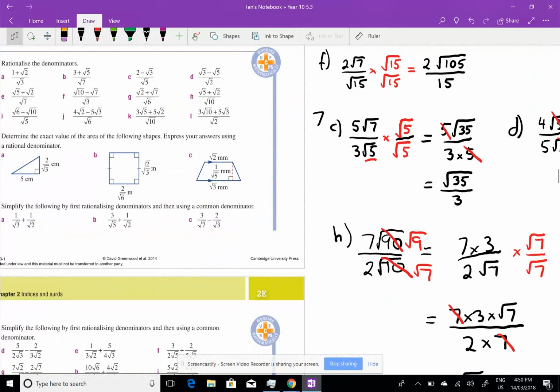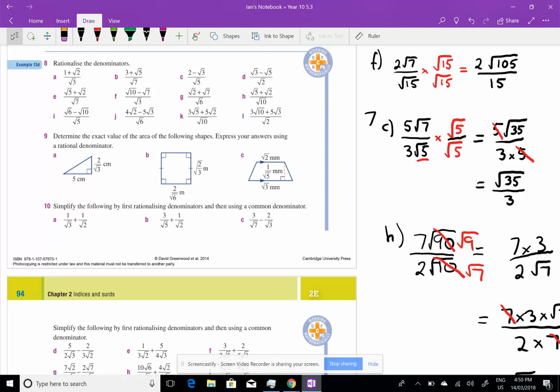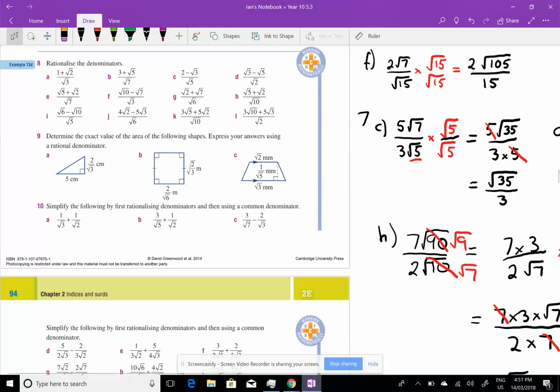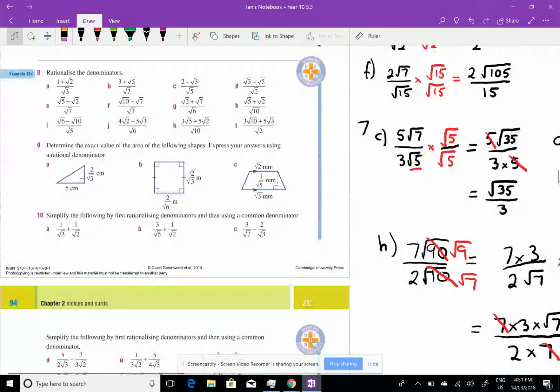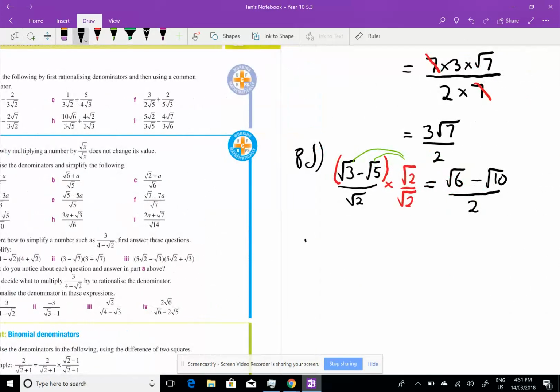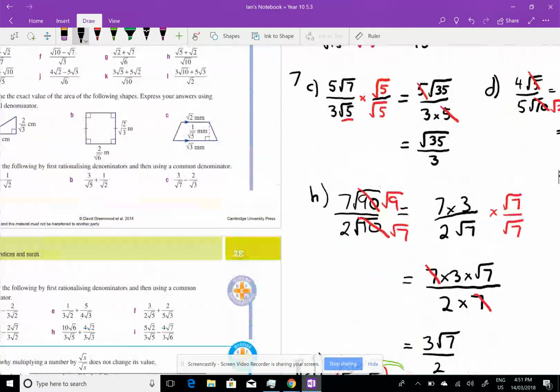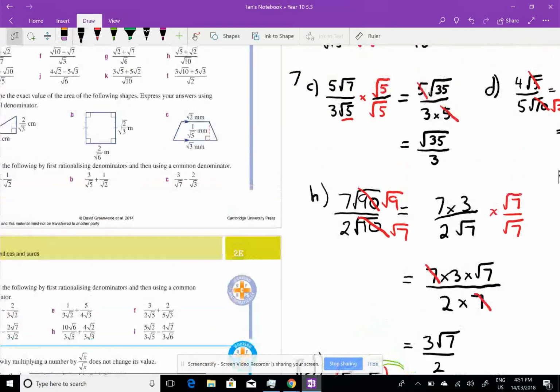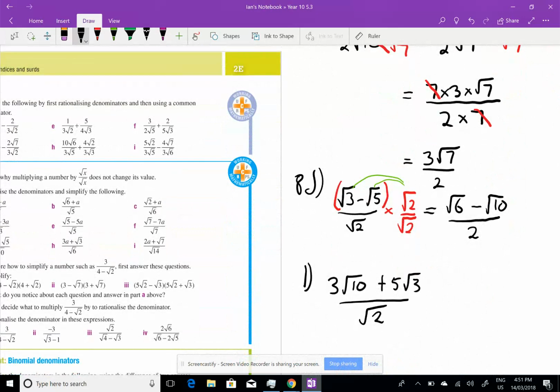All right, I'm going to jump now to 8l. And then I'm going to let you have a go at the last ones. So 3 root 10 plus 5 root 3 on root 2. And that's L. Just double check. 3 root 10 plus 5 root 3 on root 2.